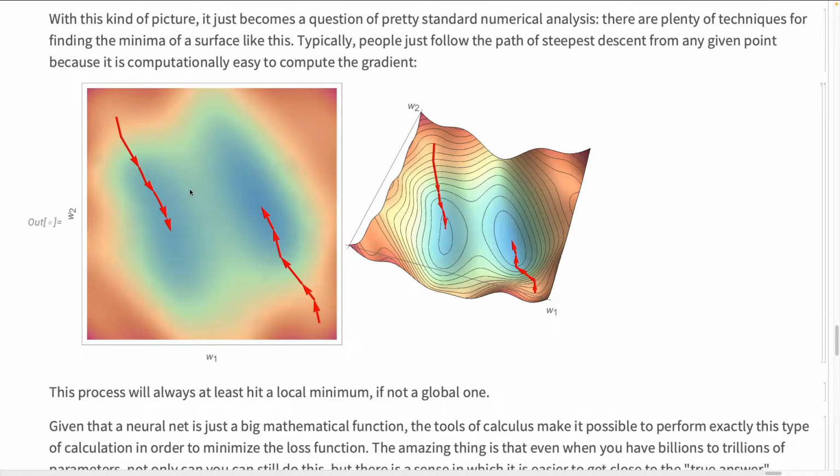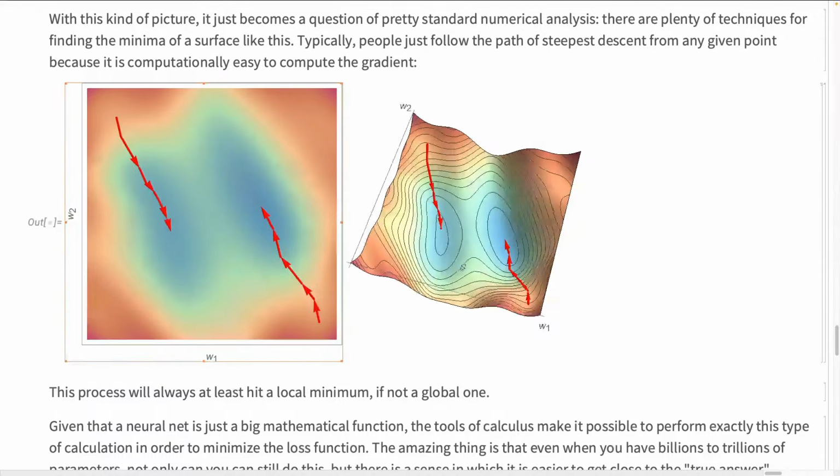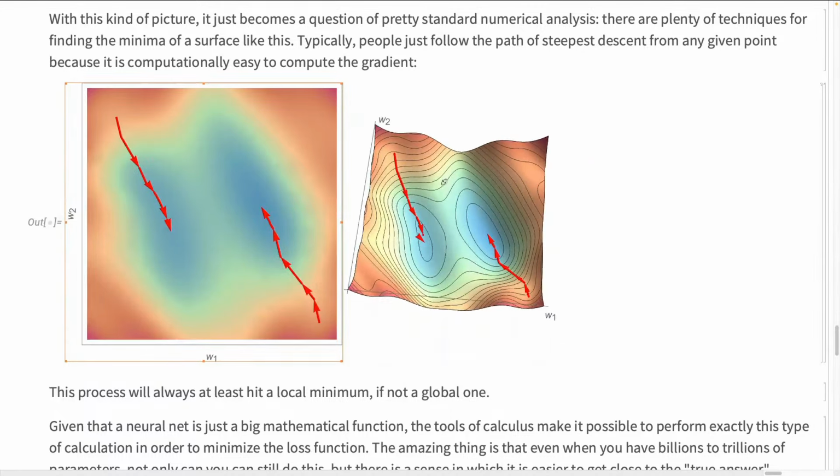And it can say, if I know how changing my weights changes my error, I can just follow the path of steepest descent, and pick values for the weights where I have the lowest possible error. I can get as close as I can to the desired output of my network.